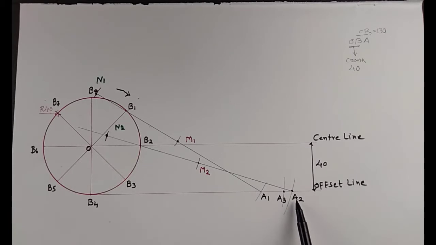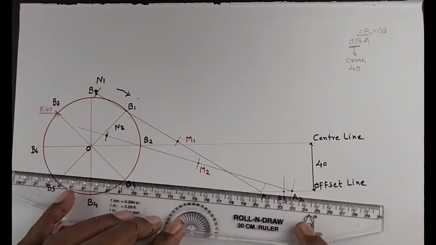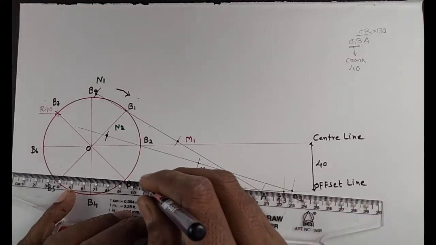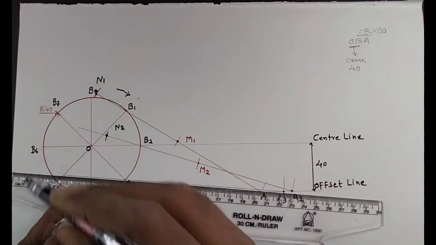This A2 is an extreme position on the right hand side. Similarly, you can get your B6 to A6, which is an extreme position on the left hand side. In between these two extreme positions, all the slider positions are represented. So first we join B3 A3 with a light line and we extend it continuously.